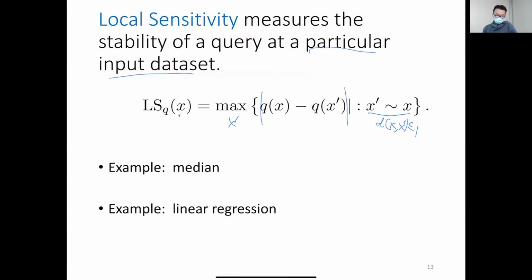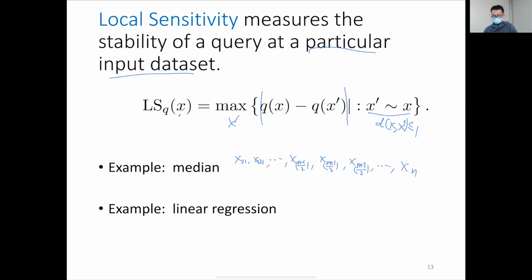So as an example, in median, what does local sensitivity look like? So let's say that we have this order statistics x_{(n-1)/2}, x_{(n+1)/2}, x_{(n+3)/2}, all the way to x_n, right?